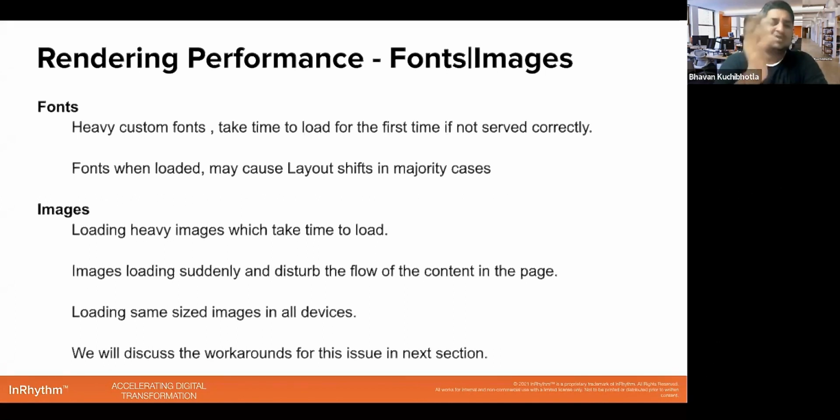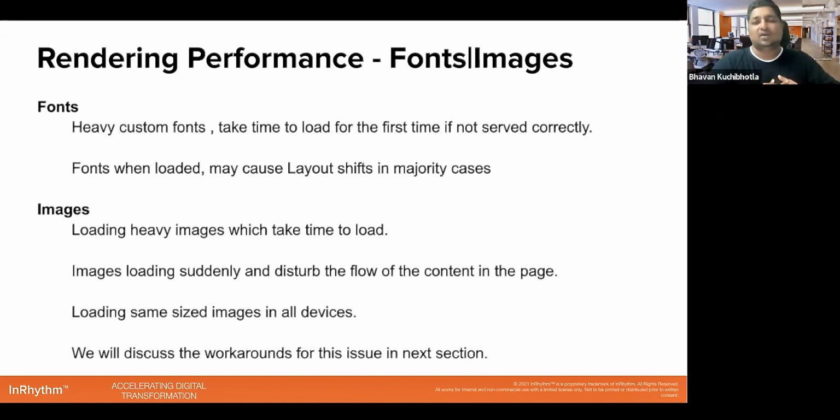Consider somebody using the same page on a mobile, on a 3G network or a 2G network. That will definitely impact how long the page will take to load. Definitely, you don't need to serve those kinds of heavier images for mobiles, or say the majority of my users are not really iOS users.